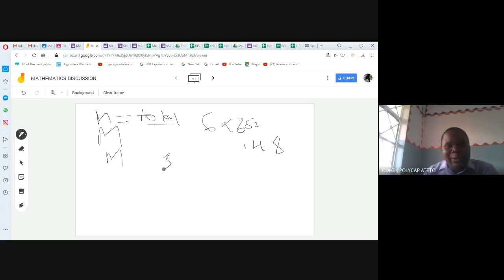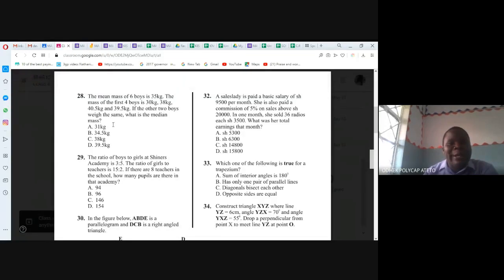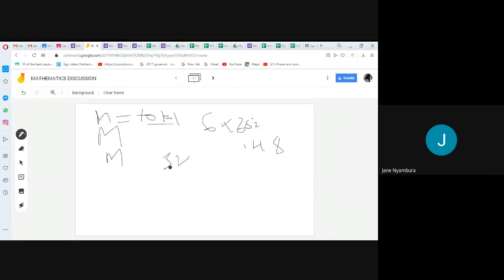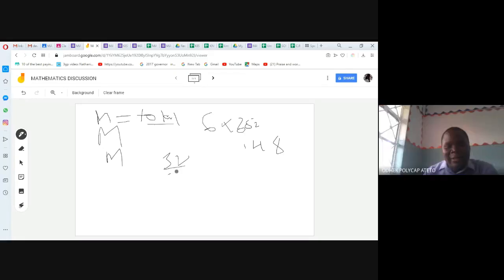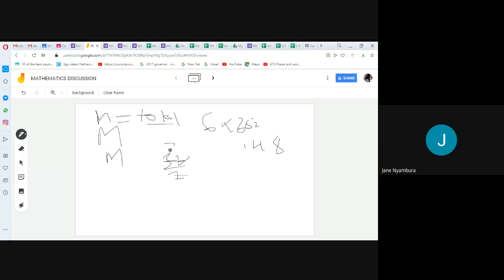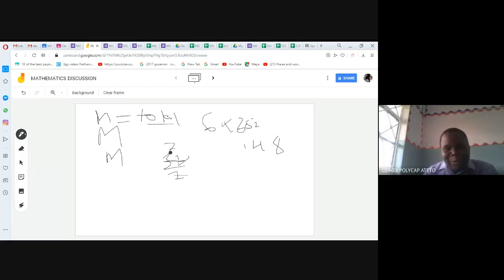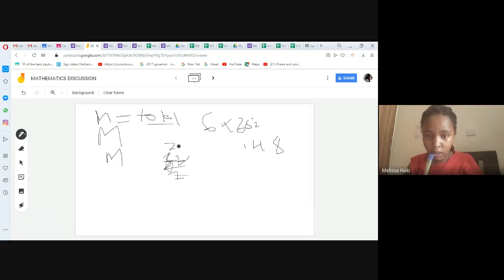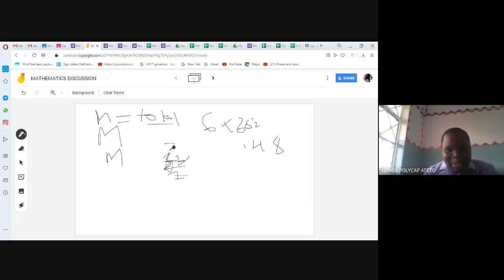Then we are being told that these 2 people have the equal mass. So divide by 2. Can you divide by 2? 31. Oh, this one was 62. Yes, so 31.